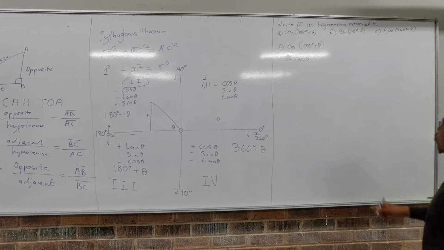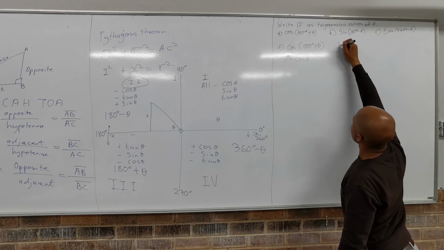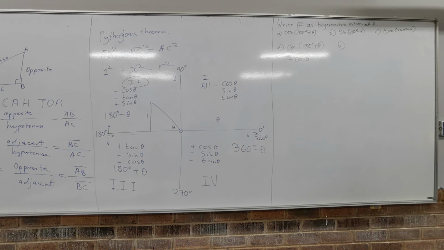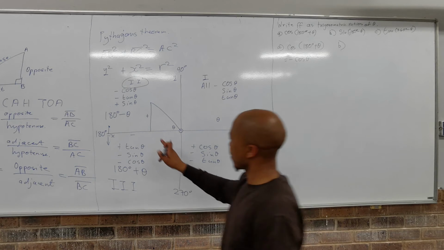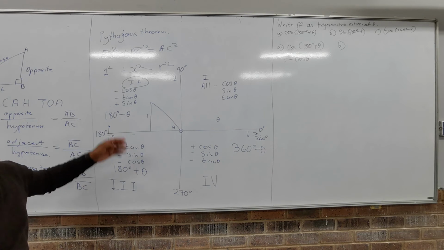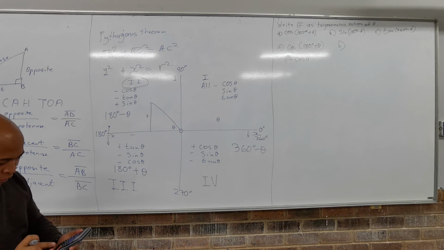And then we move on to number B. We have sine of 180 degrees minus theta. So that means we are now in the second quadrant, because that is where 180 minus is.